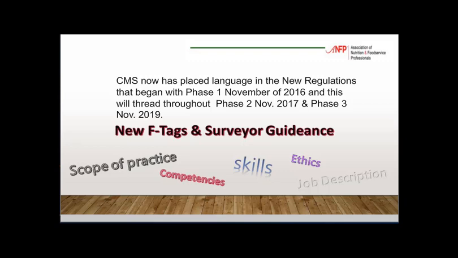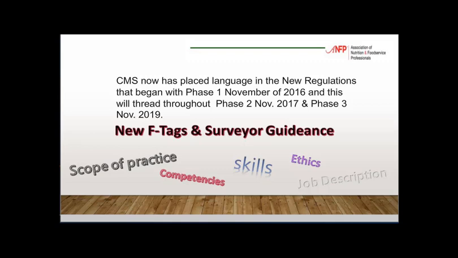So we started a year ago with what we call the new LTC long-term care regulations that started November of 2016. And it's going to thread through a 3-year phase all the way to 2019. And so as of Tuesday, November 28th at midnight, we went into phase 2 of these regulations.